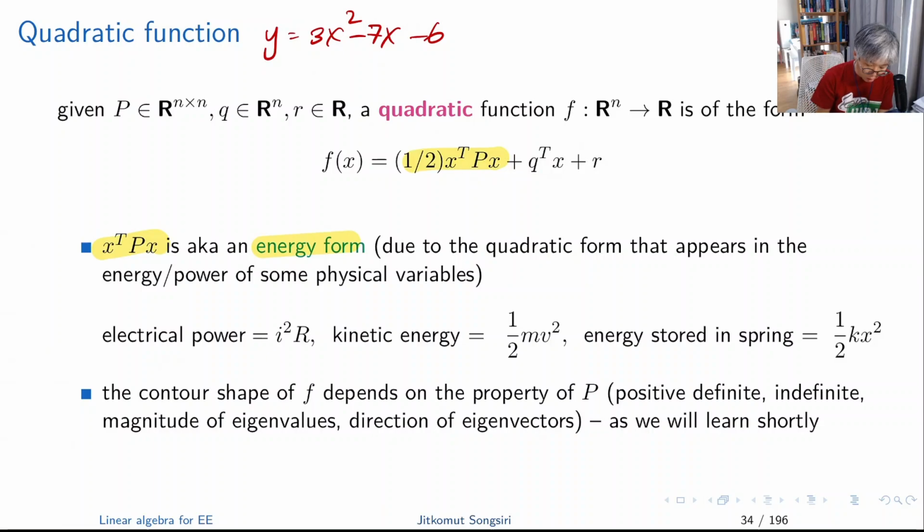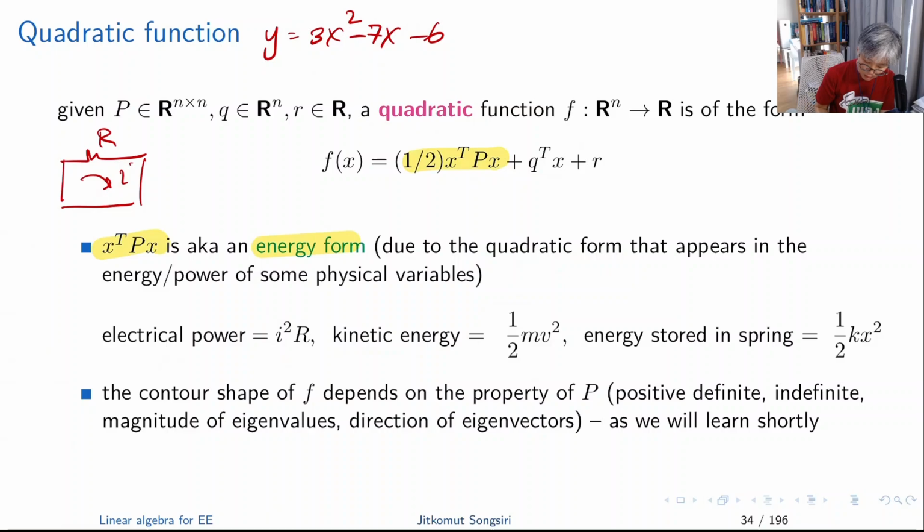Electrical power absorbed in a resistor R, where the current is I, is I squared R, so it's a quadratic function in I. For kinetic energy, a particle with mass m moving with velocity v has kinetic energy that is a quadratic function in v.